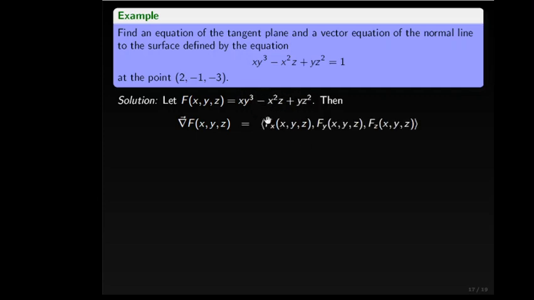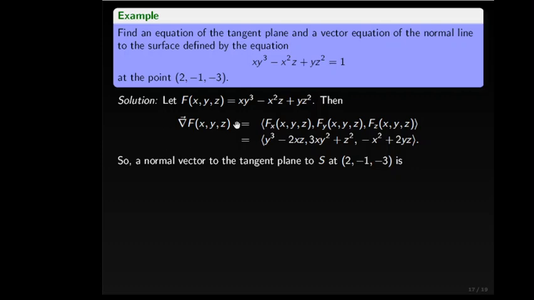Then grad f will be equal to this. This is easy to obtain since this is just a polynomial in x, y, z. Now, evaluating this gradient at the given point (2, -1, -3), we get the normal to the surface at (2, -1, -3), which is (11, 5, 2).